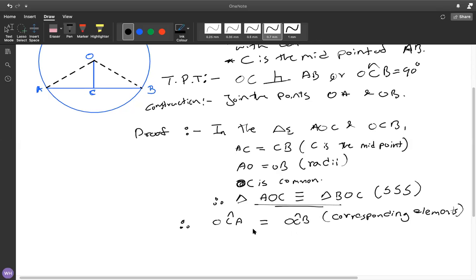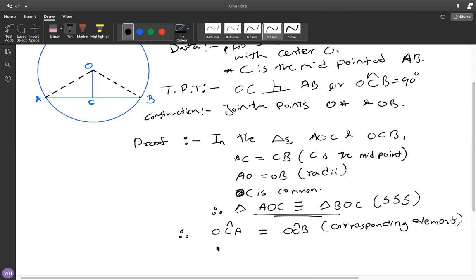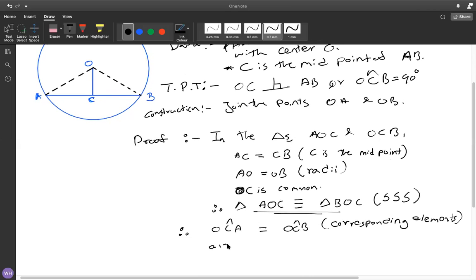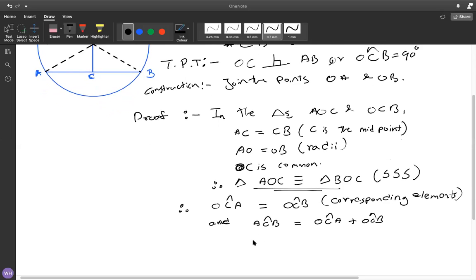So these two are equal. And ACB is given by the sum of OCA and OCB. Is that clear? ACB is a straight line, which is 180 degrees. This equals 2 times OCB.